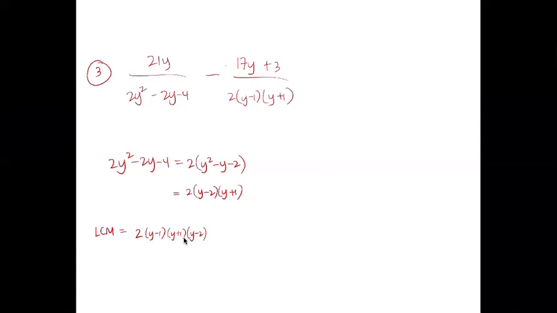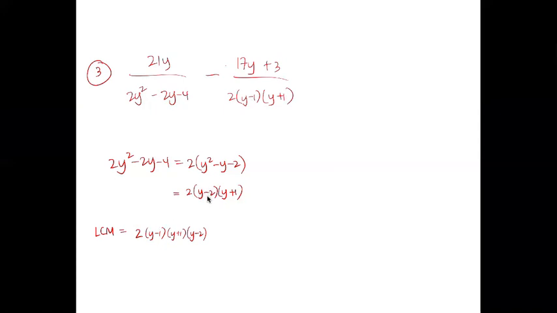The power of 2 here is just 1. The power of y minus 1 is 1. This does not have y minus 1. The y plus 1 here has power 1, and the y plus 1 here, the power is also 1. Here we have 2, the power is also 1, so we'll just have those.